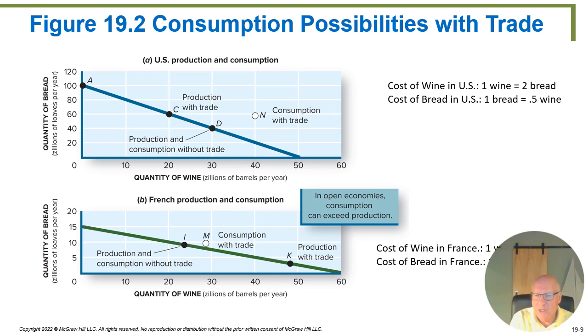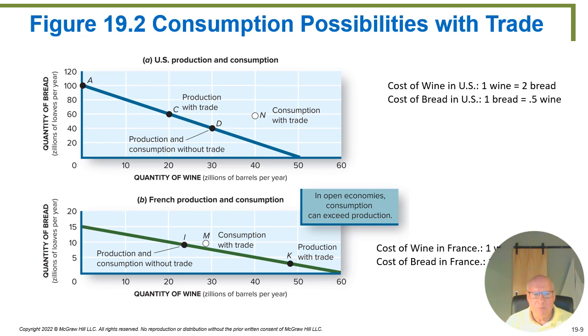Now, in France, and unfortunately the data numbers are covered, I'll just tell you what they were. Let's look at the data in France. Unfortunately, the author picked numbers that don't fall on the line nice and easy, but as you can see, if we're starting off at producing K, we have close to 48 units of wine and around 4 units of bread.